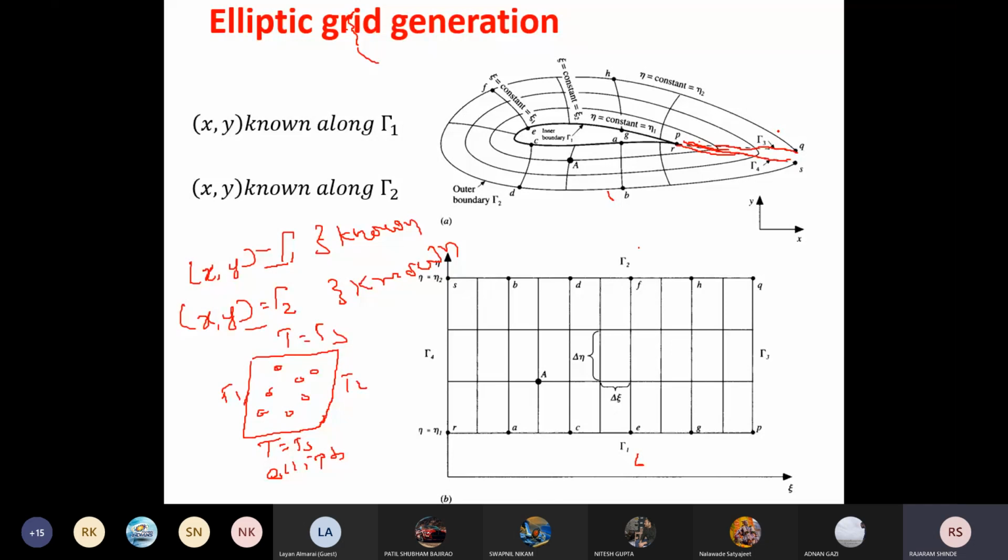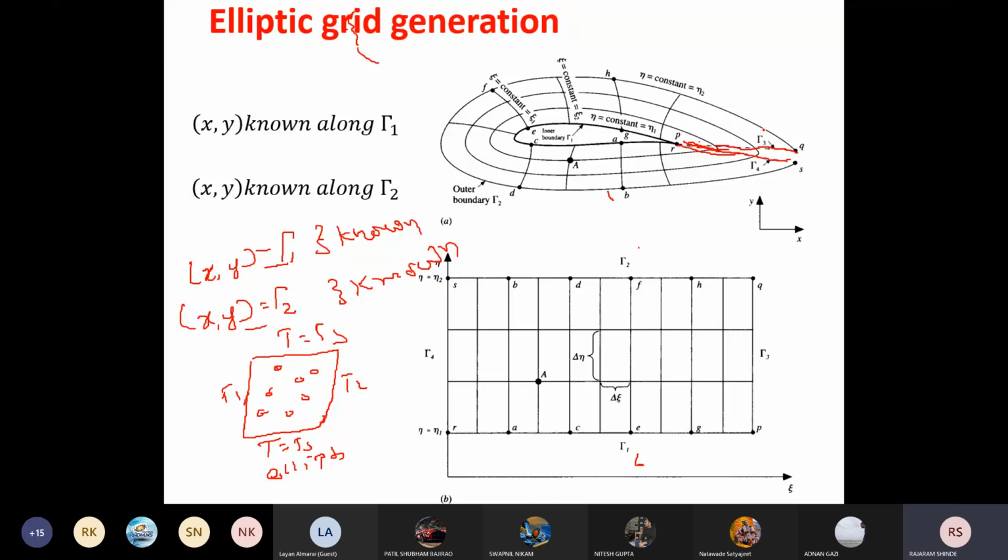QP represents the upper surface and SR represents the lower surface, but they lie on top of each other in the physical plane. The points Q and S lie on top of each other, and P and R lie on top of each other. You can observe P and R, and you can observe Q and S. So the entire boundary gamma 3 is above gamma 4.